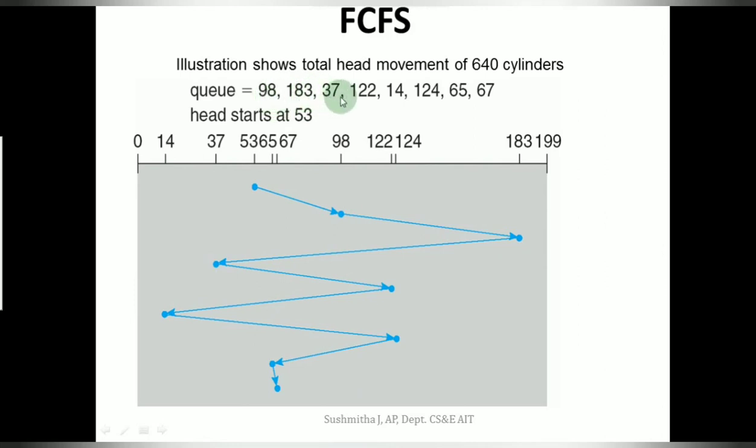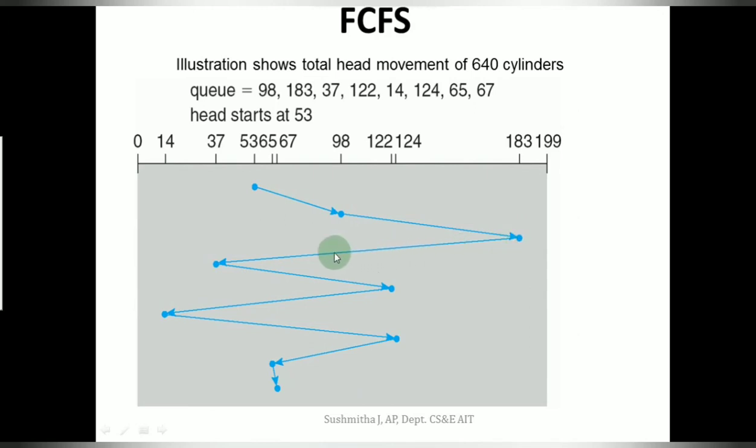These are the block numbers, and now the read write head is at block number 53. I'm sorry, this is cylinder number 53, and these are the requests lined up for the various cylinders. As the algorithm says, first come first serve, from 53 it is going to move to 98, and from 98 to 183.